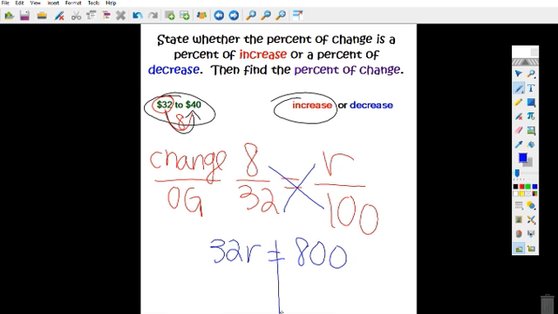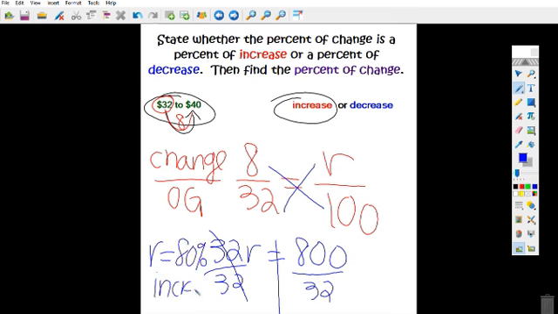Draw the line. To solve for r, we divide by 32. Okay, you should get that r equals 80. Okay, r equals 80, and it's a percent increase. An 80% increase.